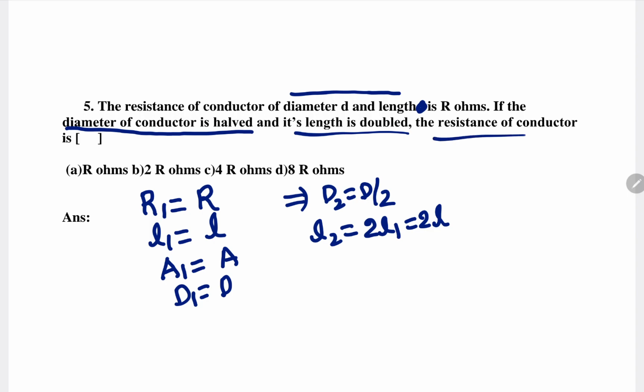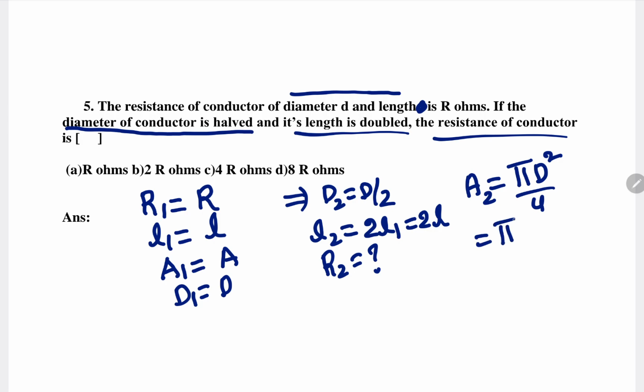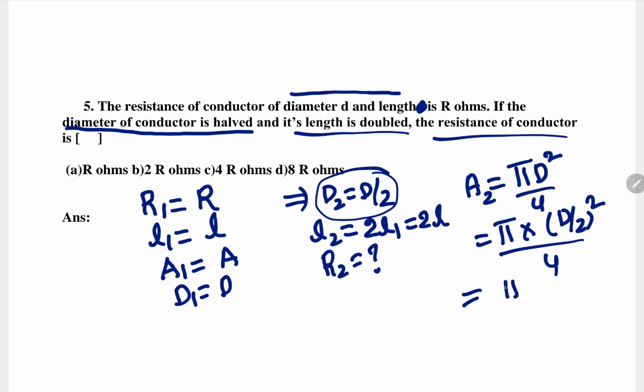What is the resistance R2 we have to find? First of all, let us find the A2 value. Area means pi d square by 4. So pi into d by 2 whole square divided by 4.